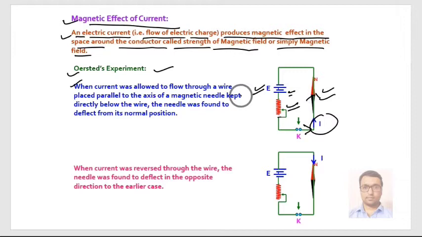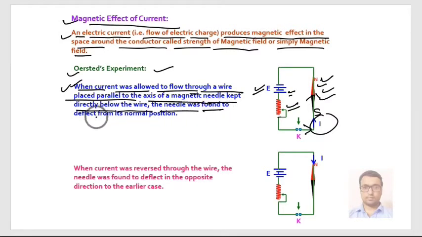What we observed is that this magnetic needle, which is kept near the wire, N to S, deflects. When the current was allowed to flow through a wire placed parallel to the axis of a magnetic needle kept directly below the wire, the needle was found to deflect from its normal position.